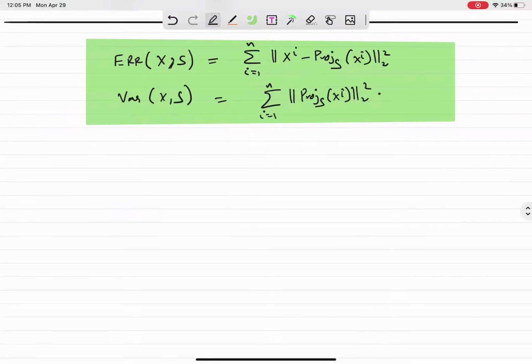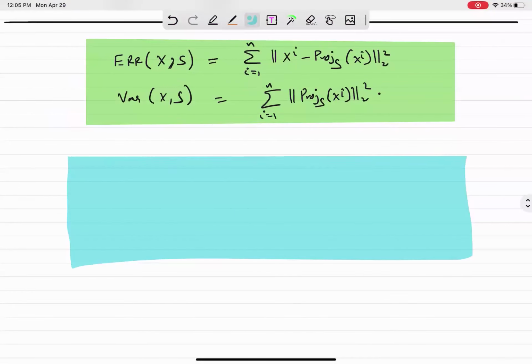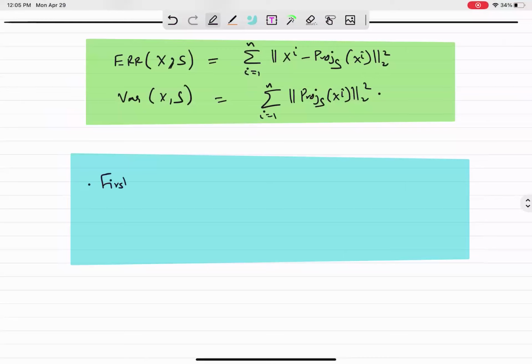And then we defined the first principal vector as the solution to this problem when the subspace had dimension 1. So the first principal vector was a solution to the max over all vectors v of the length of x times v divided by the length of the vector v.